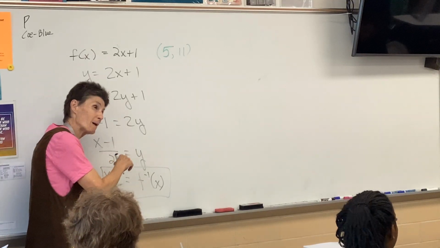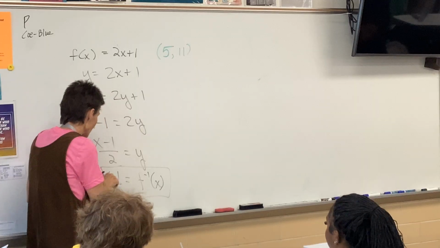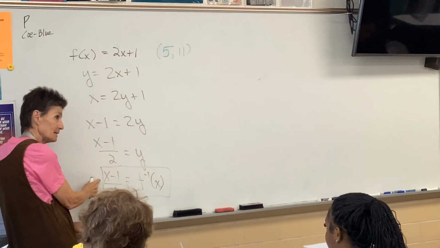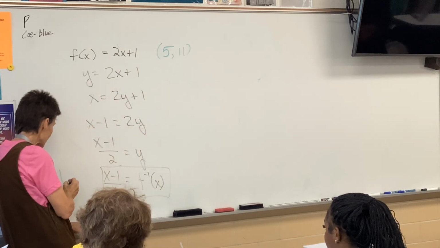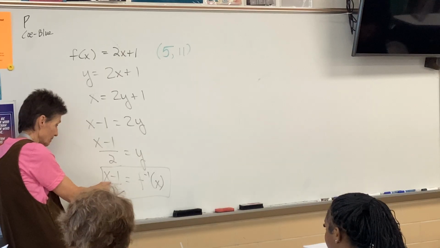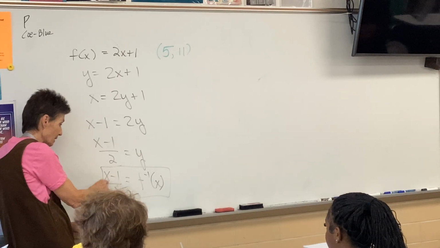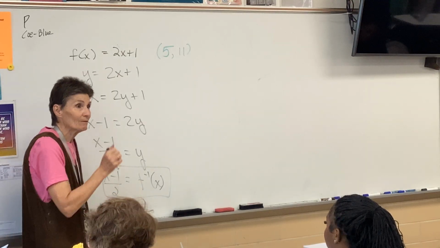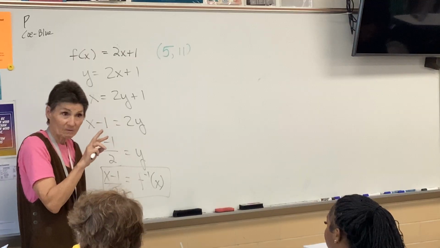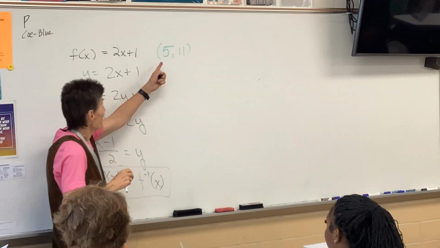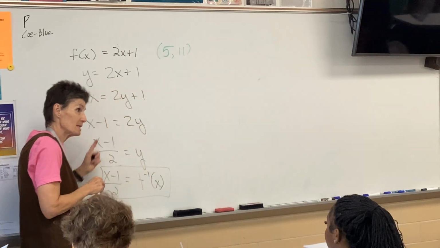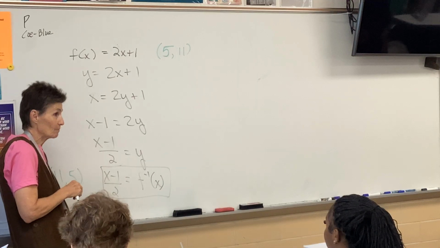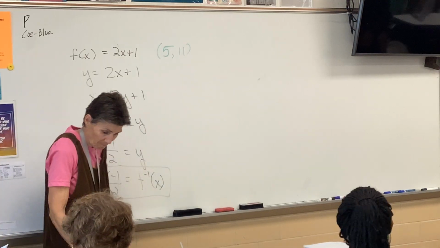Now, I'm going to come down to my answer, and I'm going to put 11 into my answer. Well, what happens if I let x be 11? What does that end up being? 5. So notice inverses flip-flop each other. So if 5 gives you 11, then for the inverse, 11 will give you your 5 back again. Every time.